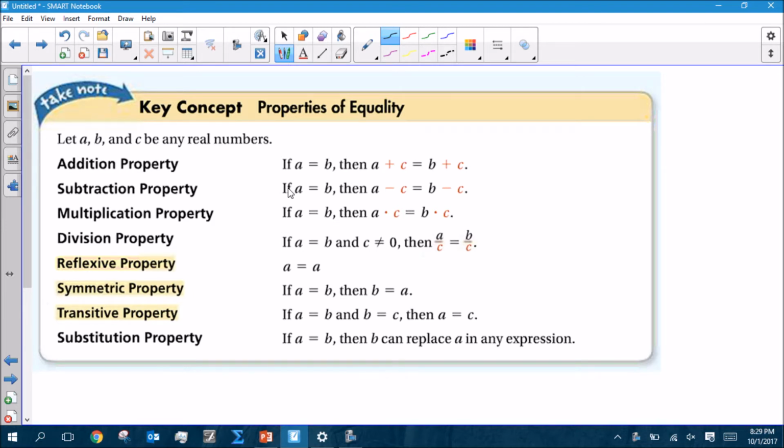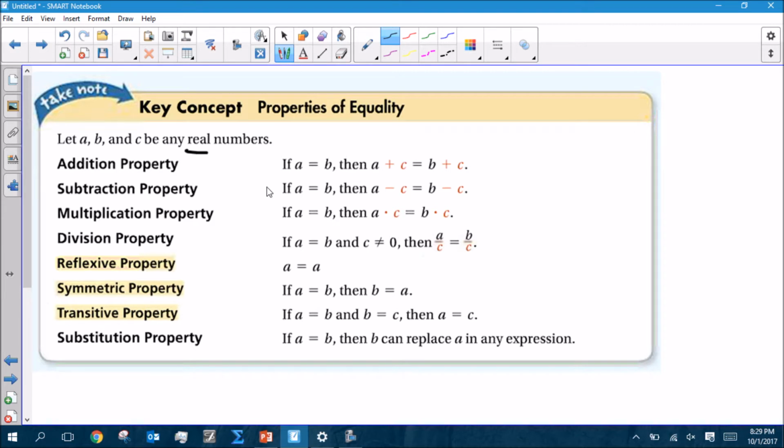First one, well, before we talk about anything, all of these are defined for arbitrary values. Okay, so any real number, any number that you can think of off the number line, this is going to work for. Okay, and it becomes very useful. A lot of times when we do this type of stuff, we won't really know what the numbers are.